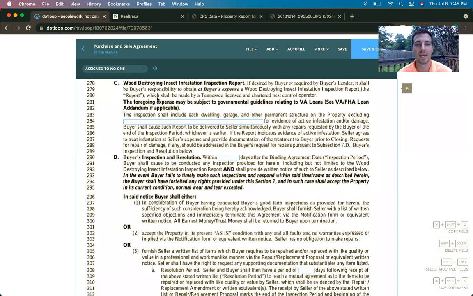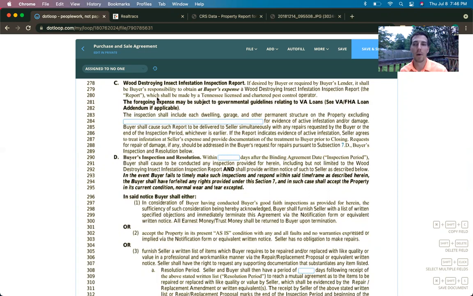Wood destroying insect infestation inspection report. If desired by buyer or required by buyer's lender, it shall be buyer's responsibility to obtain, at buyer's expense, a wood destroying insect infestation inspection report. So you're going to see these a lot with VA loans, but any loan, always consult with your lender.